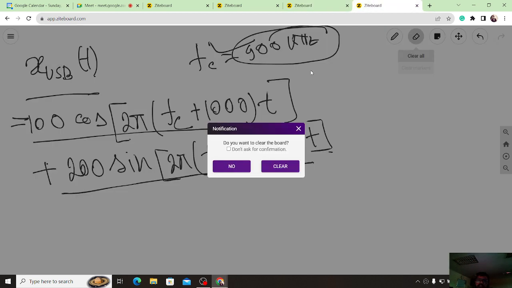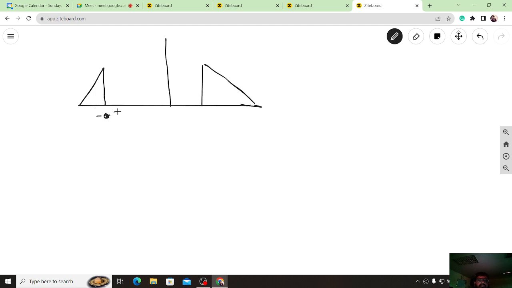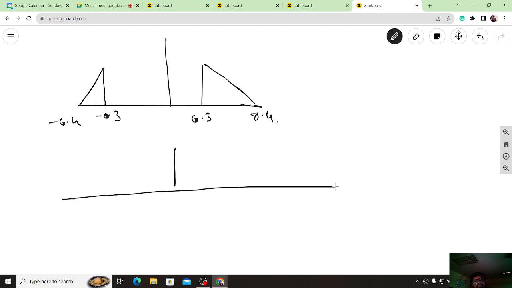Okay, so let us solve this question. So we had a signal that was from like this, minus 0.3, minus 0.4, 0.3, 0.4, and then we just transformed it to 2.3 kilohertz.